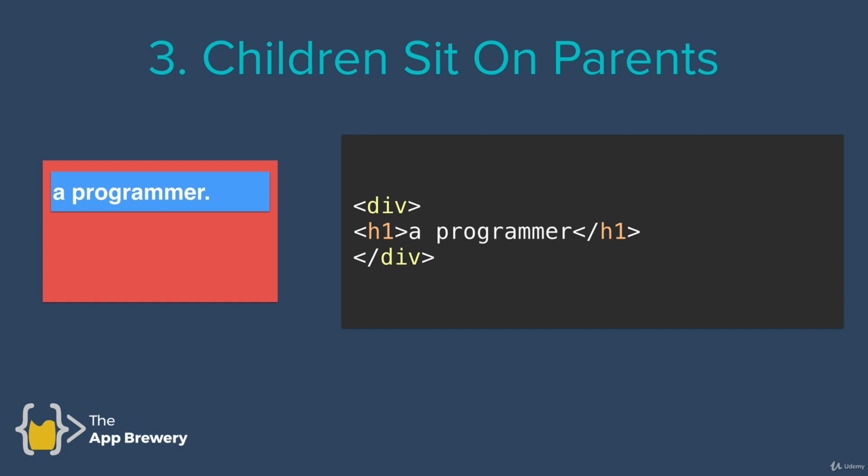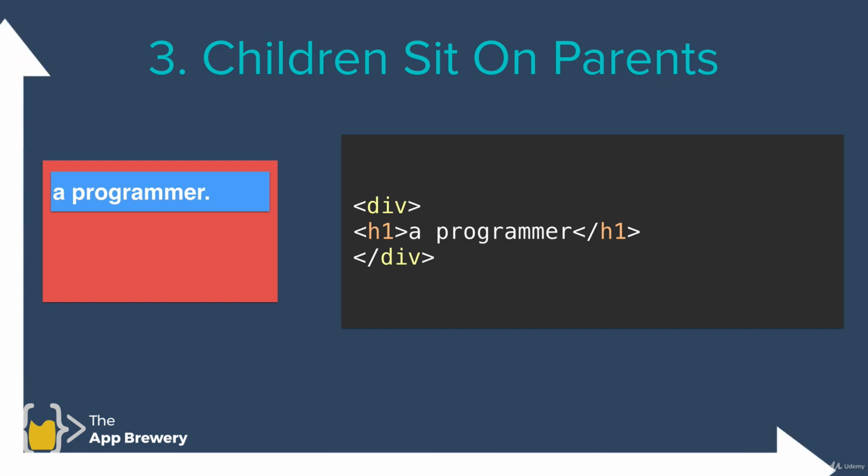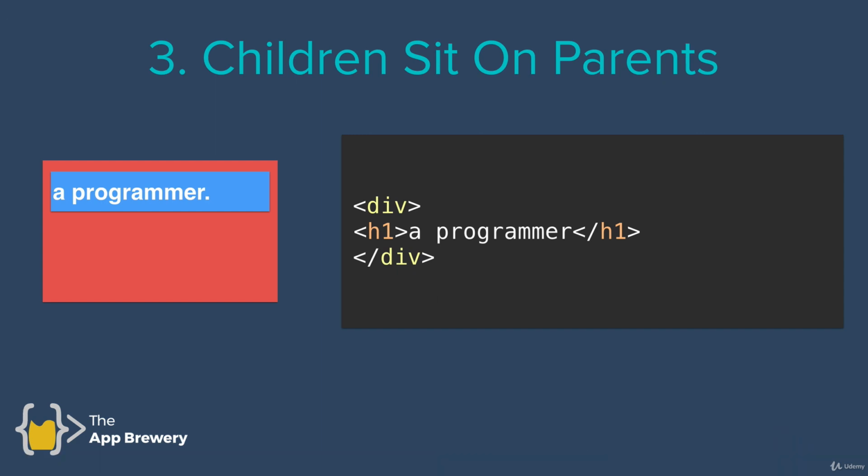We know that on screen we have an X and a Y axis, but there's also a Z axis, and that determines which element will be displayed on the other one. Because if in this case the div was in front of the H1, then we wouldn't see the H1 at all. So by default, all HTML elements that are children, they will sit on top of the parent element.